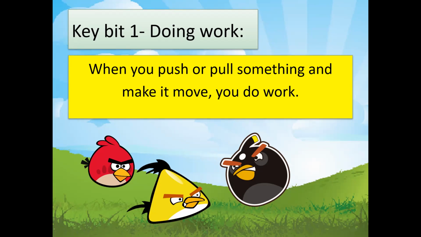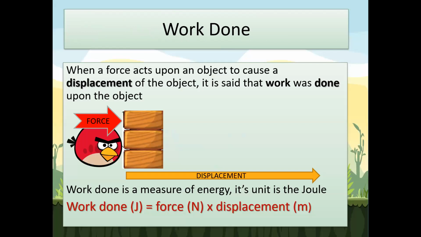You need a force, but you need a good amount of force that will be able to move the object over a distance. So when a force acts upon an object, it causes the object to displace. And when the object displaces because of the force applied, we say work has been done.